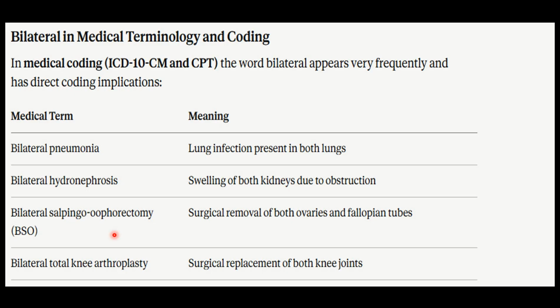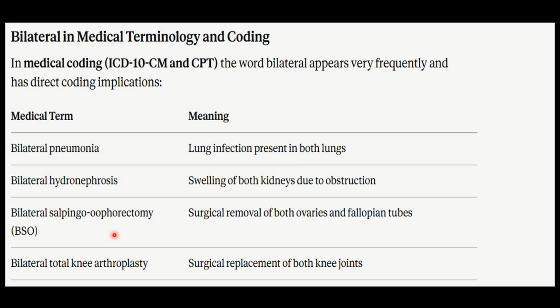Similarly, if you look at the next example, that is bilateral knee arthroplasty, which means surgical replacement of both knee joints. So in all these examples, one thing is clear, that whenever we are using bilateral, it means we are talking about both sides at the same time. Clear? Fine. So I think now we have clarity on this part.